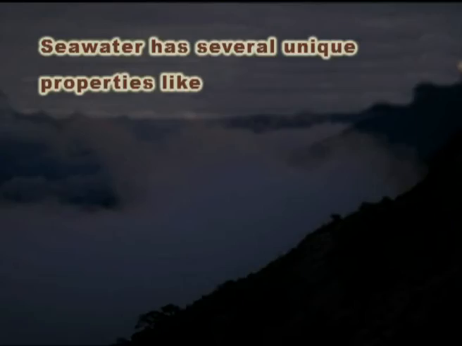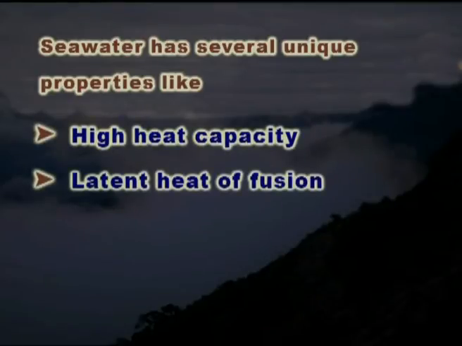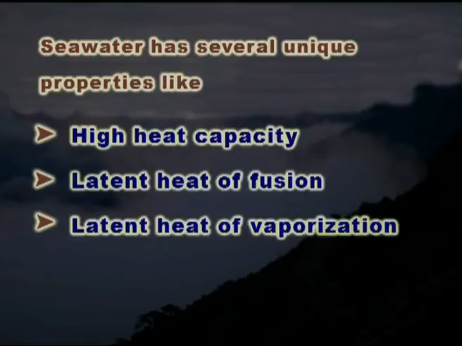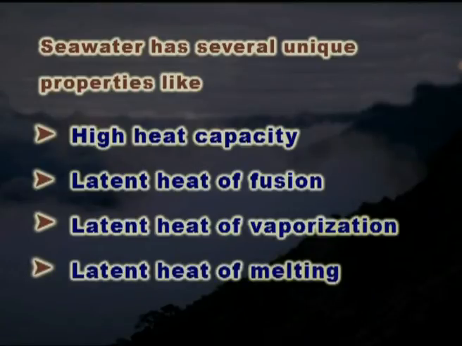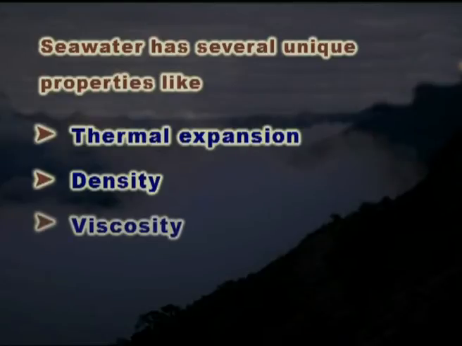Sea water has many conservative and non-conservative properties. Sea water has several unique properties like high heat capacity, latent heat of fusion, latent heat of vaporization, latent heat of melting, thermal expansion, density, viscosity and turbidity.